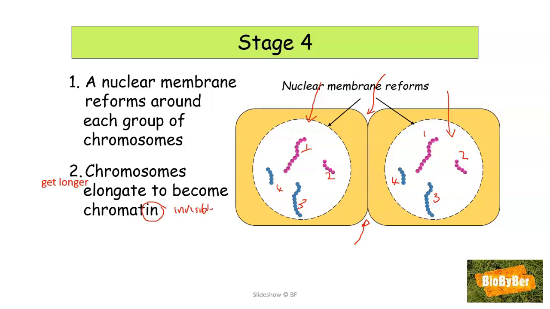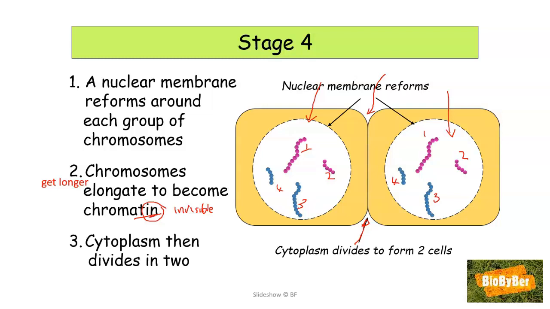Chromatin is just a phrase used to refer to chromosomes when they are invisible. The cytoplasm will then divide in 2, forming 2 new cells. Again, just to remind you to learn what happens in each phase of mitosis and be able to draw the accompanying diagrams. Practice in your jotter.